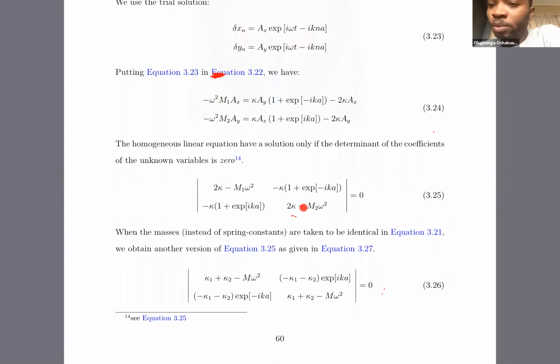So this is equation 25. When you solve this determinant, you are going to get an easy way of determining the relationship between the wave vector k and the angular frequency omega.